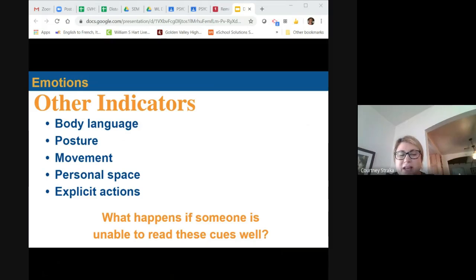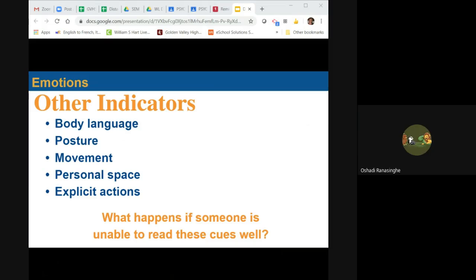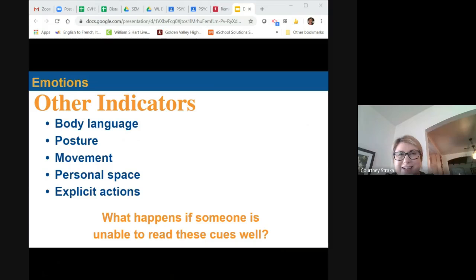Now, does anyone think they might know what an explicit action is? Slapping a person out of anger. Yes, there you go. Explicit actions would be actions that you do to express anger, like slapping somebody to show that you're angry, but even more so, even with inanimate objects.